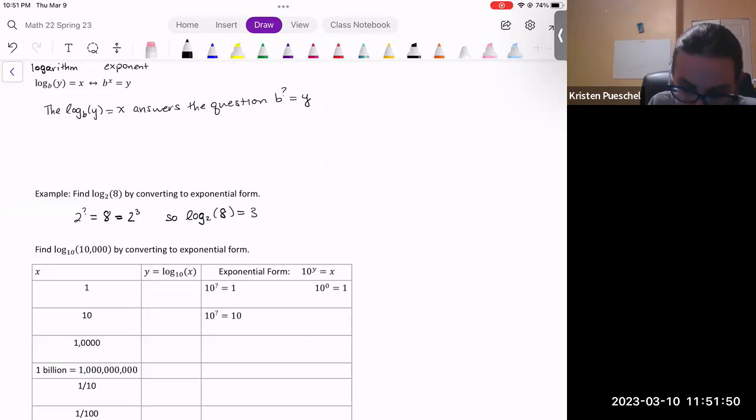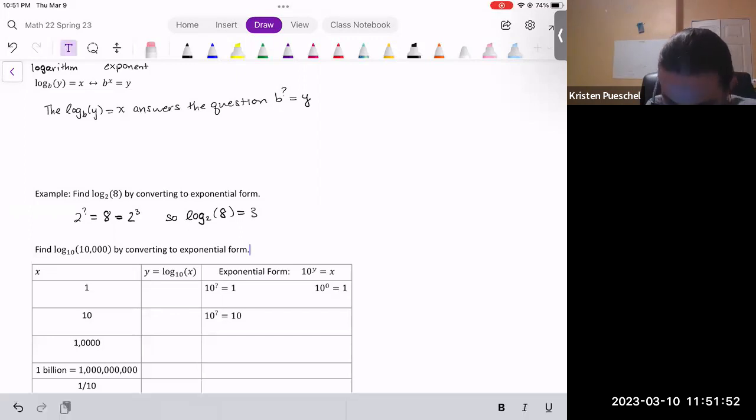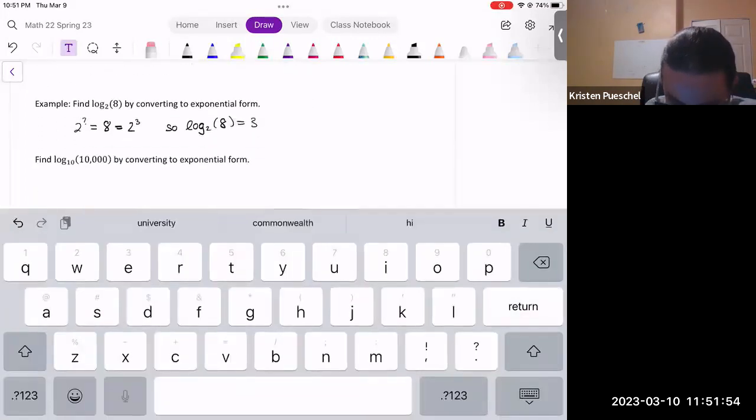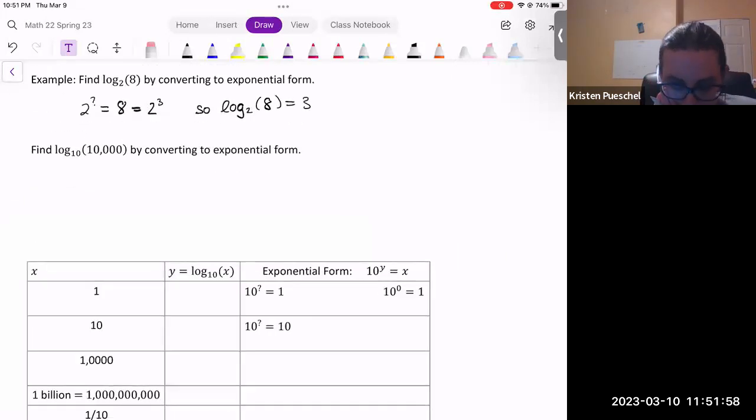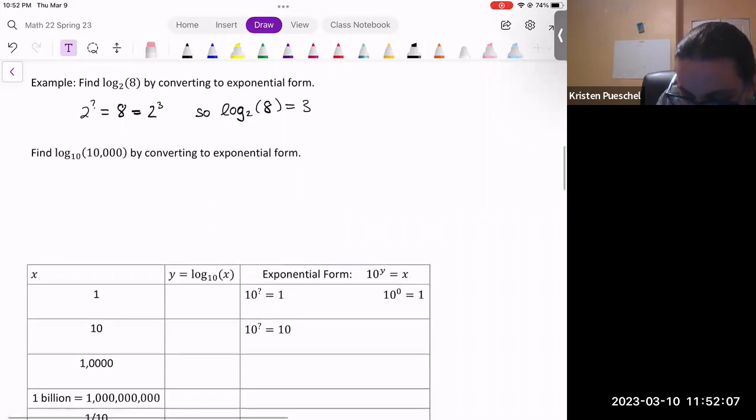Okay, let's try out another example. We are going to find the log base 10 of 10,000 by converting it to exponential form. So what we're asking is 10 to the what is equal to 10,000?